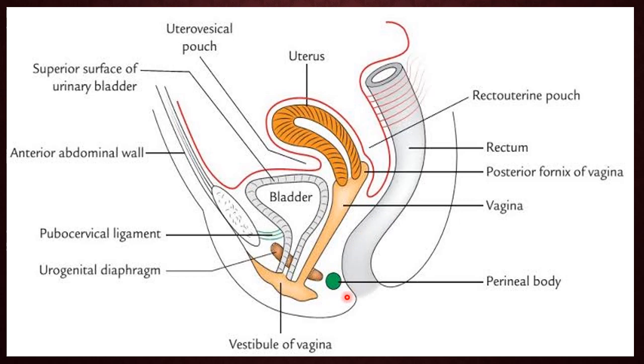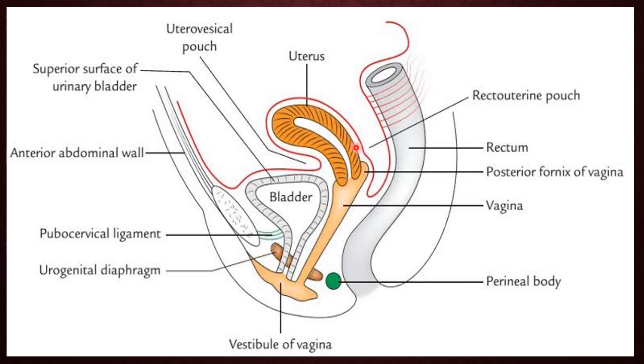The uterus is placed in between the bladder and rectum, so this surface is the anterior surface and this surface is the posterior surface.